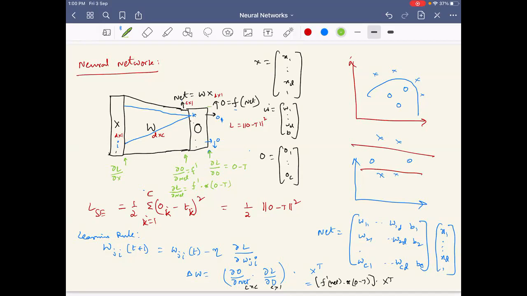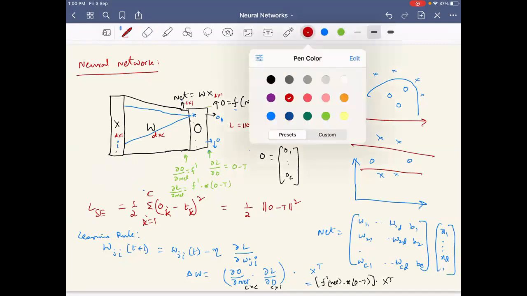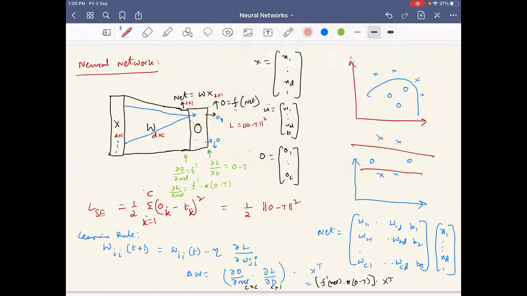Before that, delta W, that is, if you want to write dou L by dou Wji.